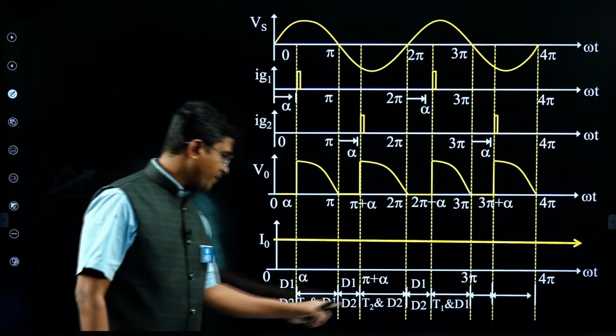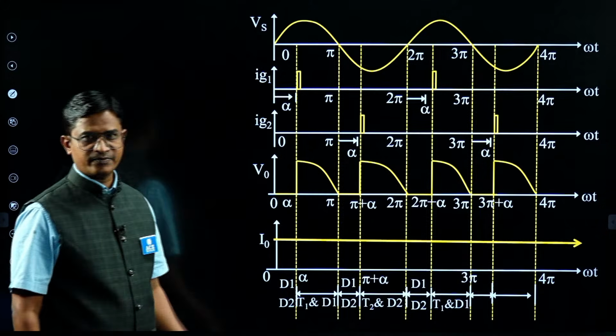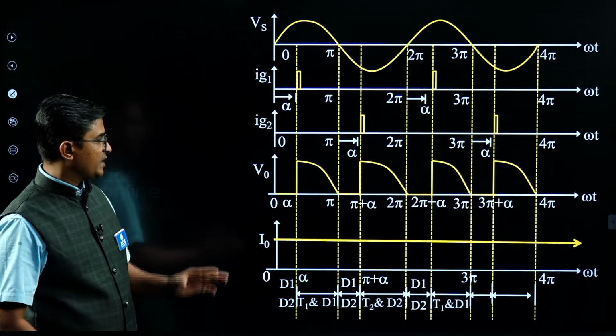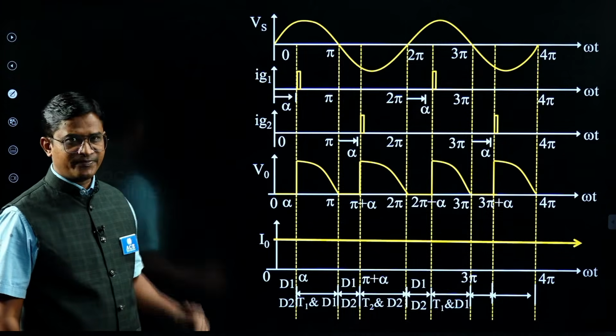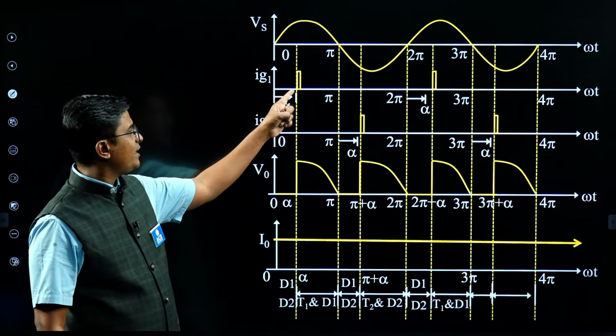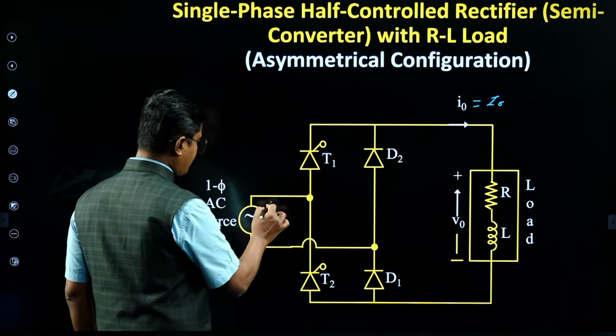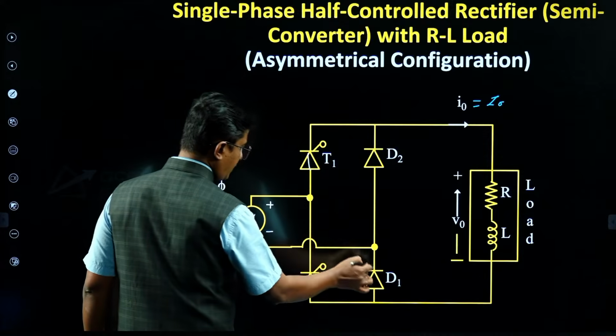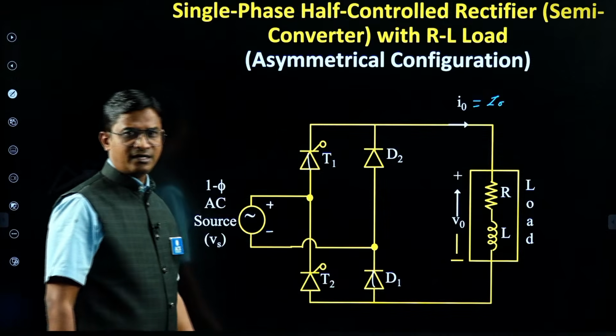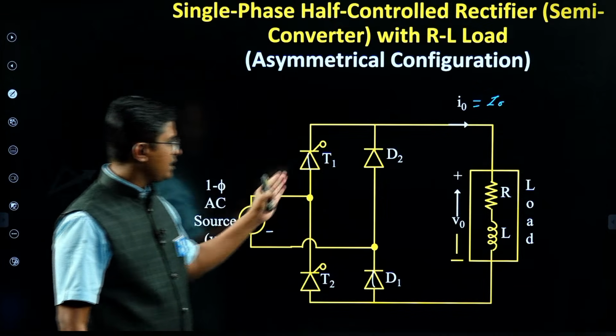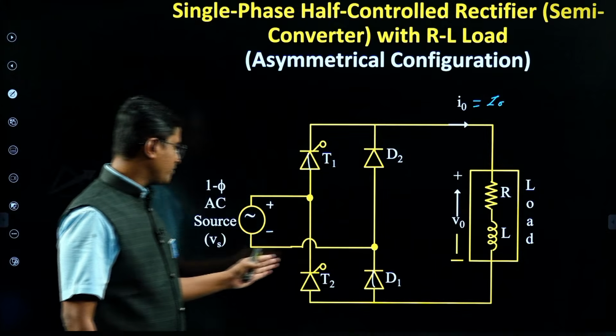And here I have given the conduction sequence of devices. Let us begin the operation from alpha. At omega t equal to alpha, we are triggering thyristor T1. So when I trigger T1 at alpha, what happens? Plus here, minus here, T1 and D1 will conduct. Current will flow like this: Vs, T1, load, D1 and back to Vs.